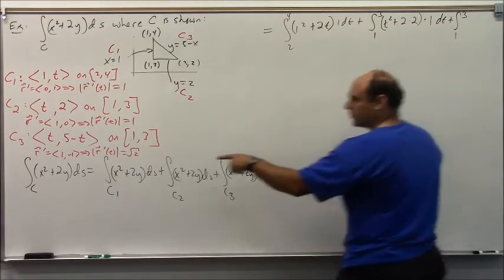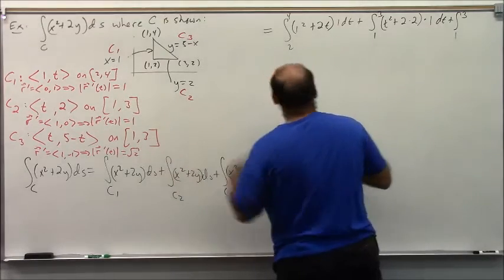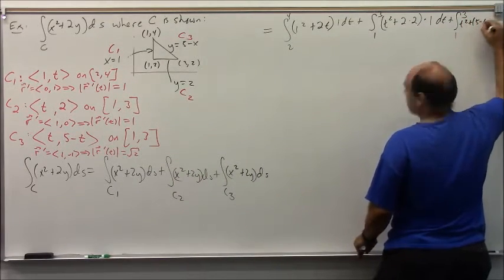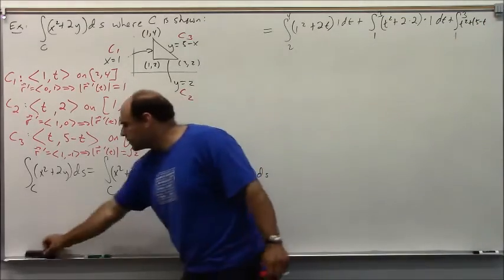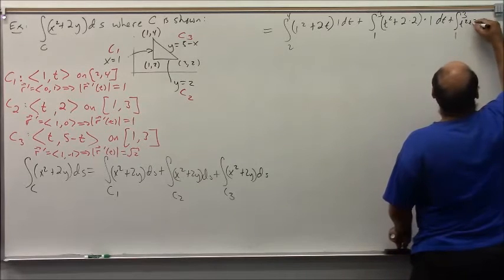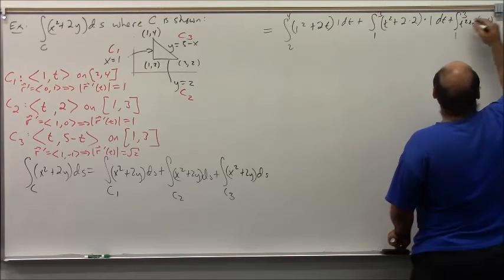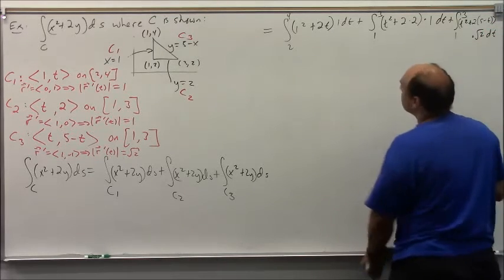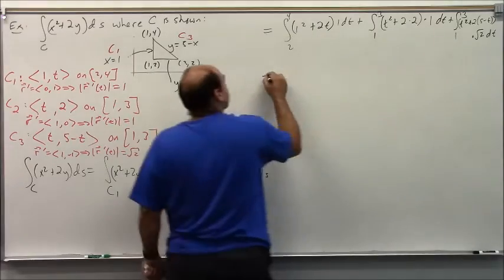We have x squared, where's my x? X is t. So t squared plus 2y, times the square root of 2 dt. That's the ds in that case.